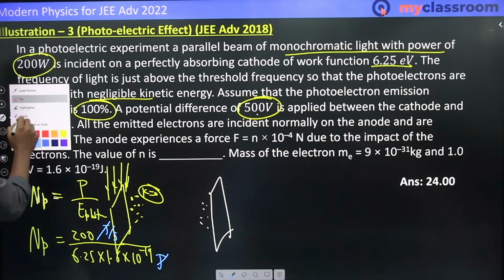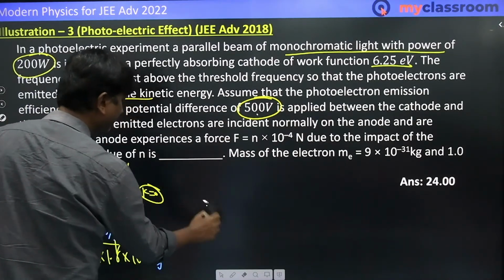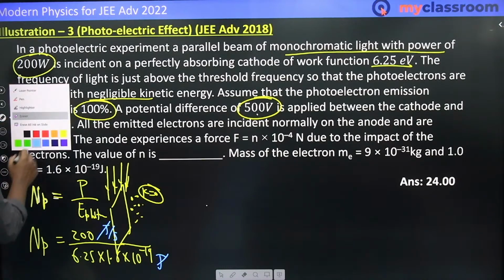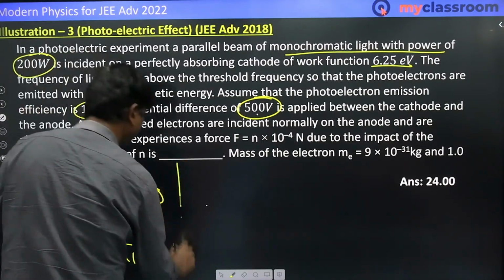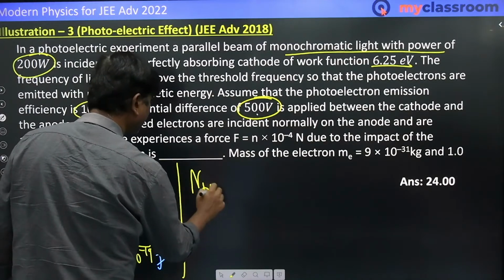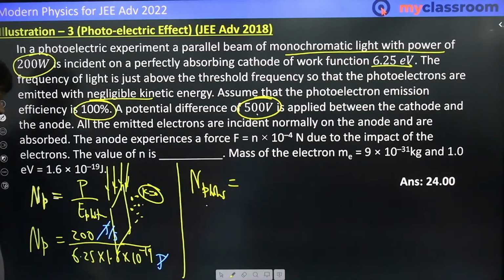So how much is this one? First let us calculate these things. 200 by 6.25 into 1.6 into 10 power minus 19.